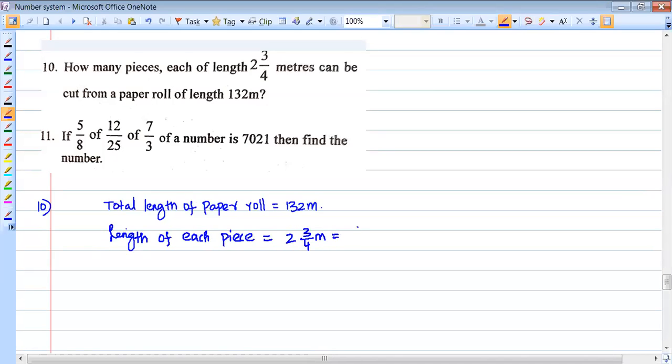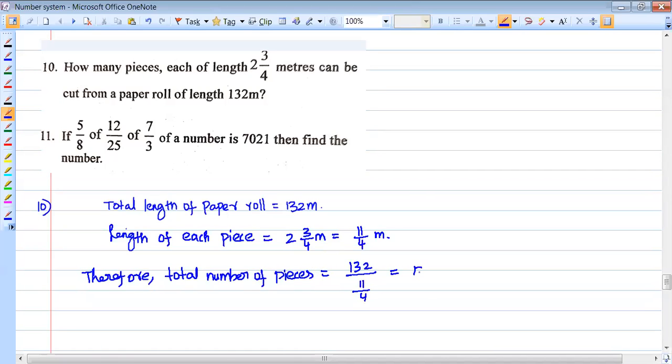This can be written as 11 by 4 meters. So therefore, total number of pieces is equal to 132 divided by 11 by 4. If you take the reciprocal, how will it come? 132 into 4 by 11. So what is the answer? Simplify by 11 table. 1 time 12, 4 12s are 48. 48 pieces.